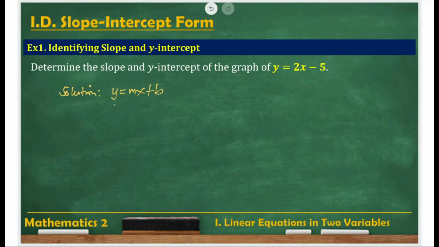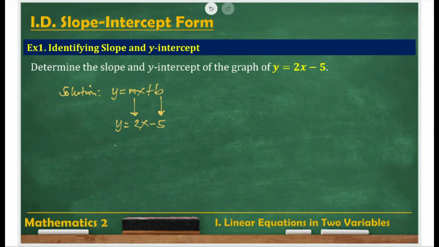So here, we all know that the value of m is the slope. And if we compare that with the equation y equals 2x minus 5, then we will see that m is 2 and b is negative 5.